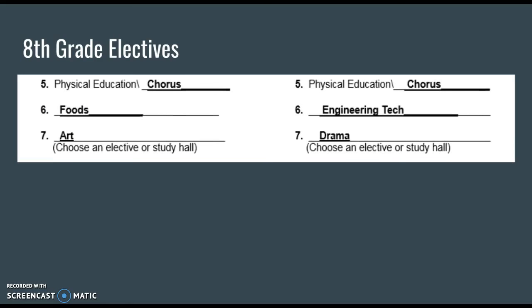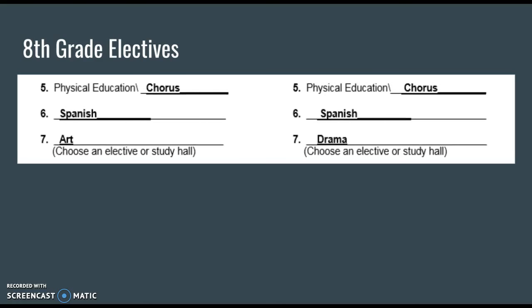So, if a student was involved in Spanish and also in music, a student could have chorus in line 5, and then Spanish in line 6, and then they have the opportunity of having those electives in line 7.